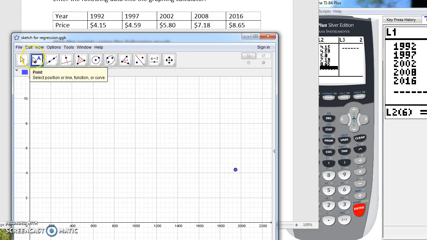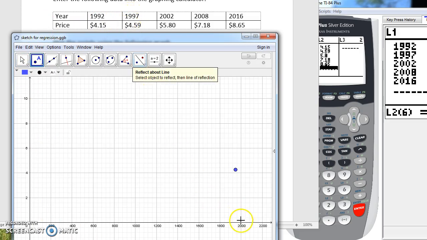All right, the next point is going to be 1997 and $4.59. So 1997 is going to be even closer to 2000, and $4.59 is going to be just above that. Again, are these perfect? No, but we're just trying to get general estimates, okay? We're just estimating, we're graphing these points as best we can.